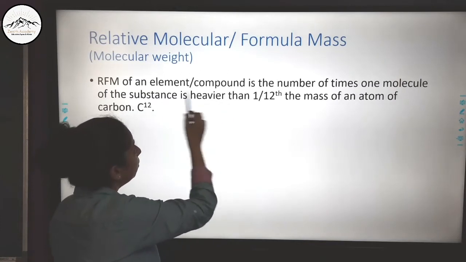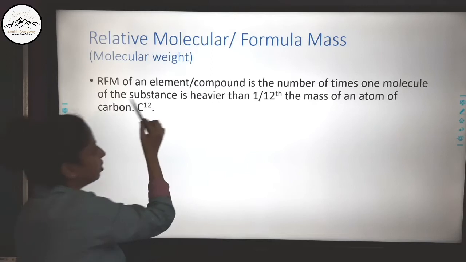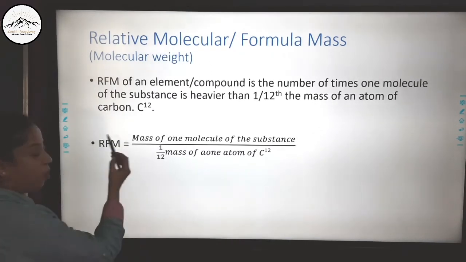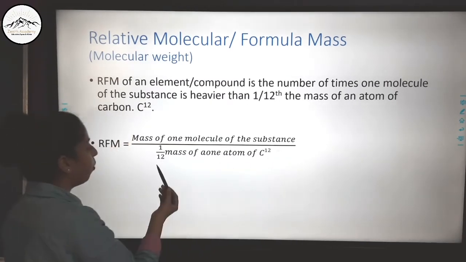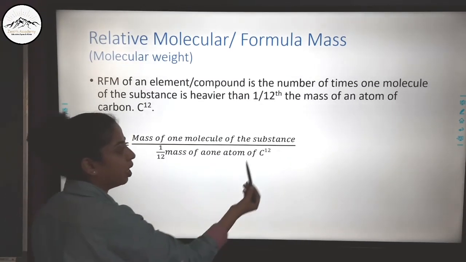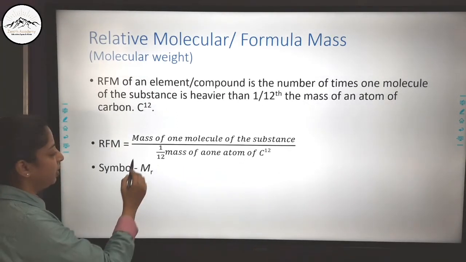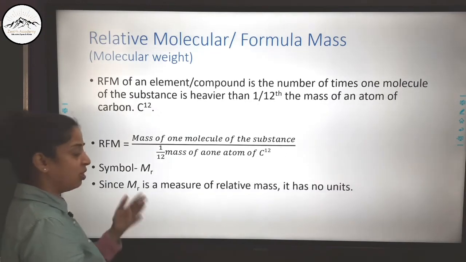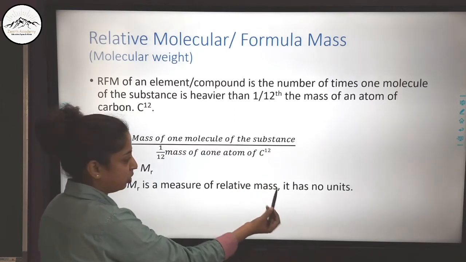Here it can be an element or compound, and here one molecule of the substance, right? So relative formula mass is the mass of one molecule of the substance upon 1/12 the mass of one atom of carbon 12. Its symbol is capital M and subscript small r. This also does not have any unit because it is a comparison.